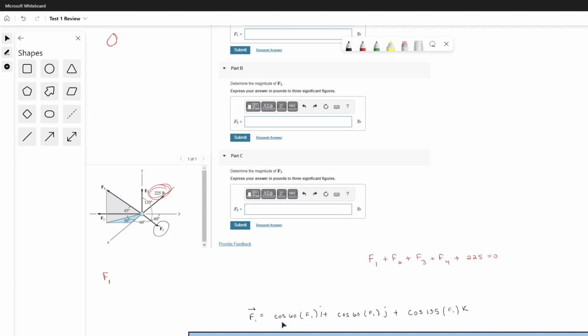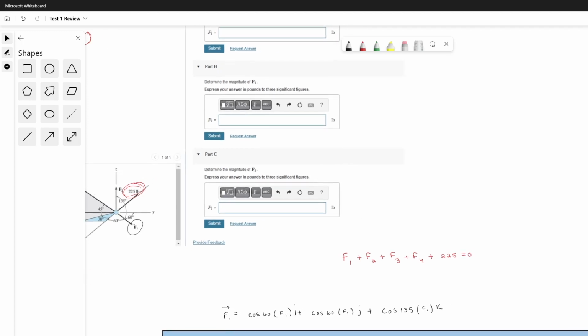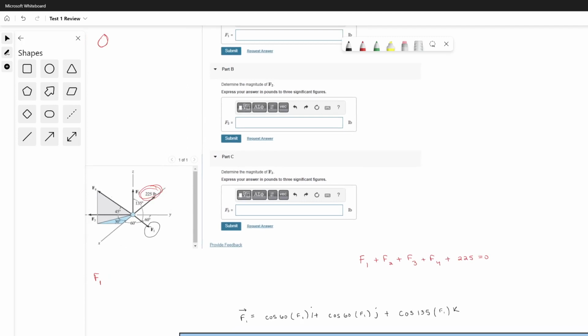So you see me putting right here, cosine 60 times the force F1, and that'll be i, which is x. And then for y, it would be cosine of 60 times F1 j, because that'll be the y.